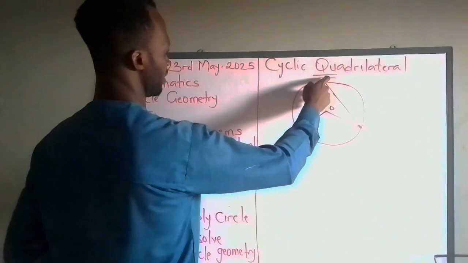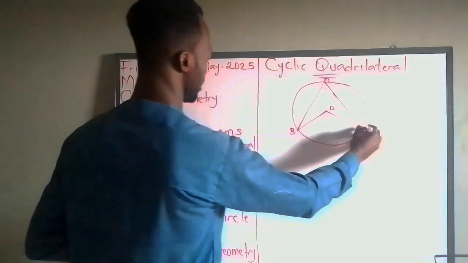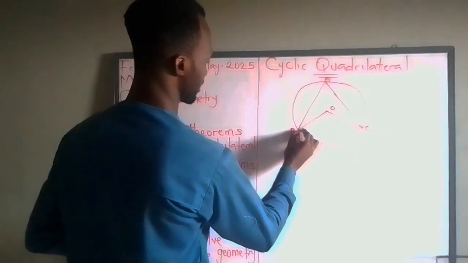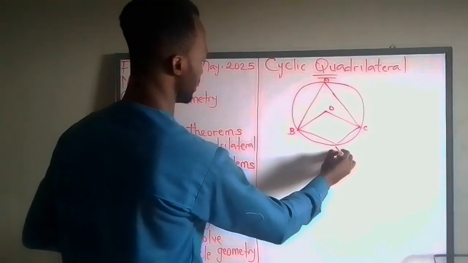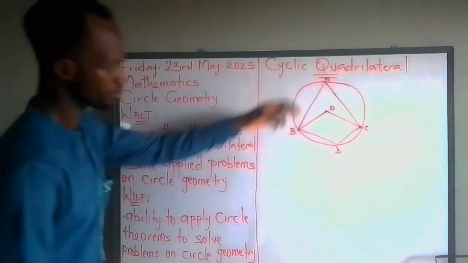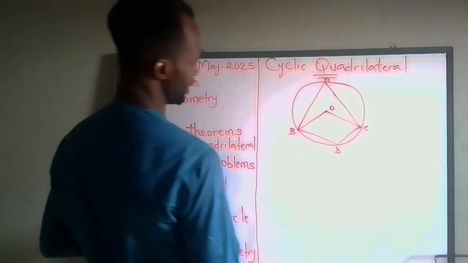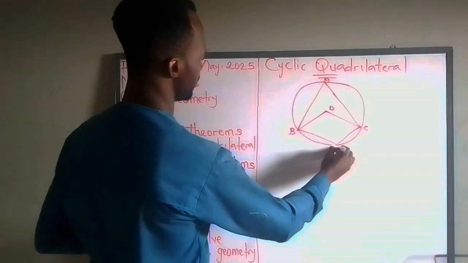So here, this is the first vertex A, the second is B, the third is C. Then let's have the fourth vertex here, D. So ABCD is a quadrilateral.